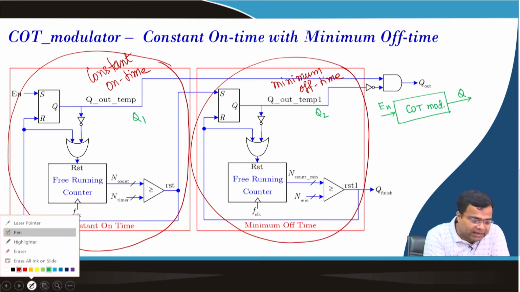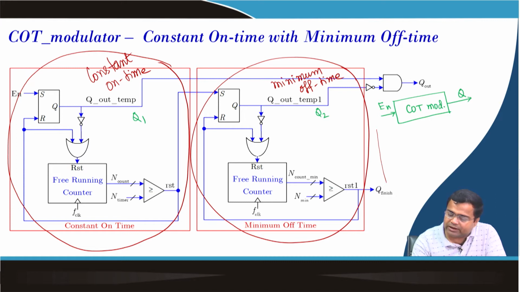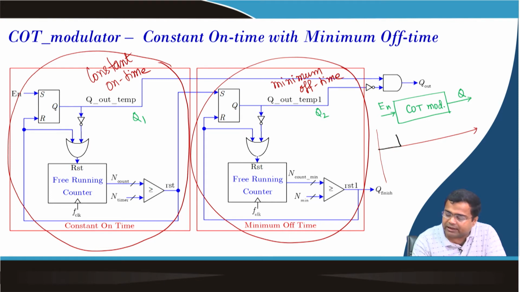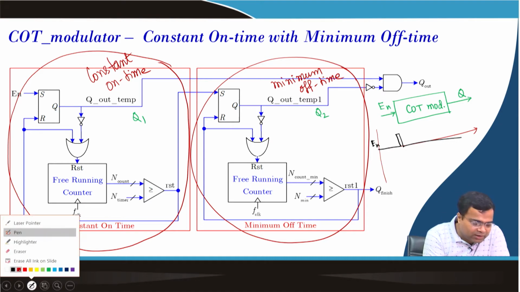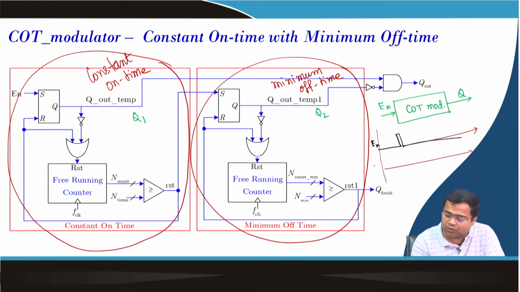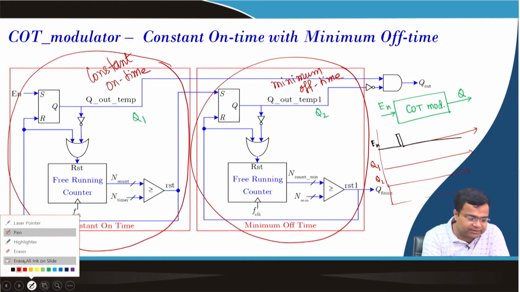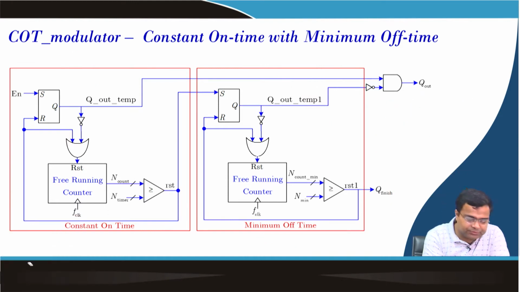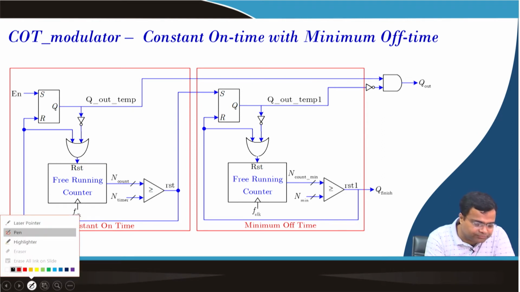Whenever our enable pulse comes, we want to show how Q1 looks, how Q2 looks, and finally how Q out looks. Let me draw here.